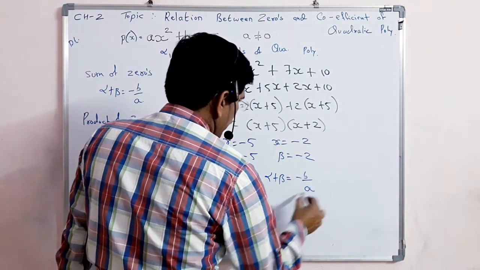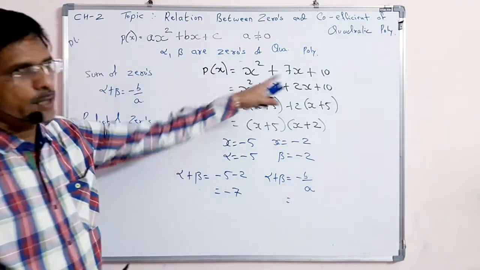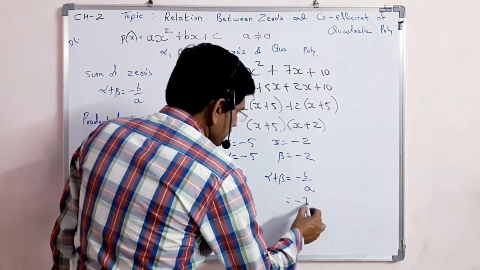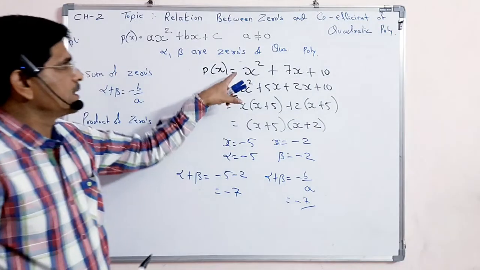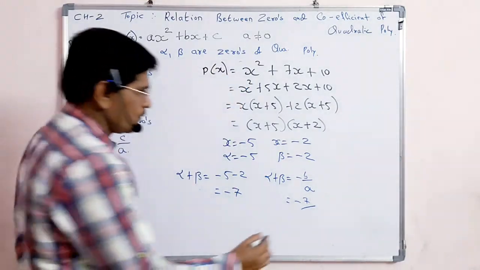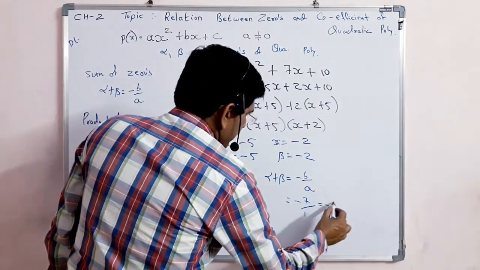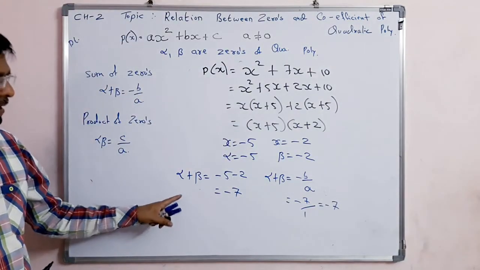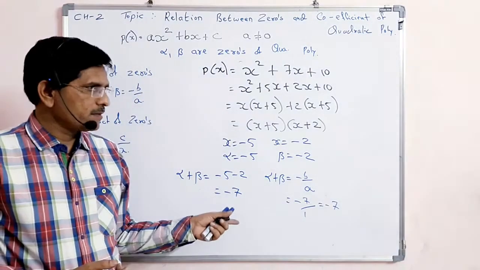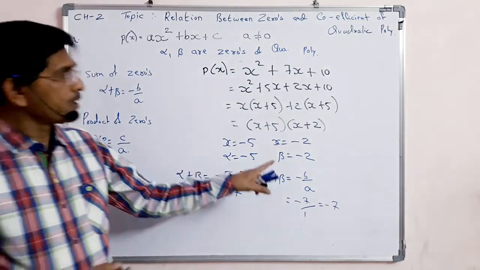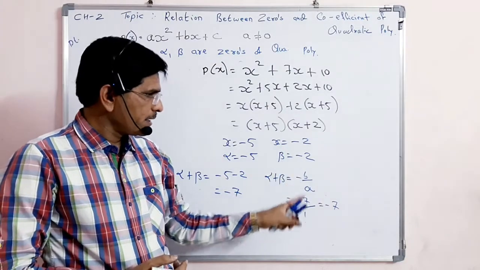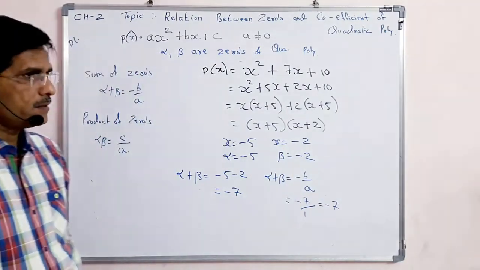If we find b from the quadratic polynomial, b is 7, so minus 7 upon a, here a is equal to 1. So we can get minus 7. So alpha plus beta, by adding zeros, we get minus 7, and by using the coefficients of the quadratic polynomial, minus b by a, we also get minus 7.